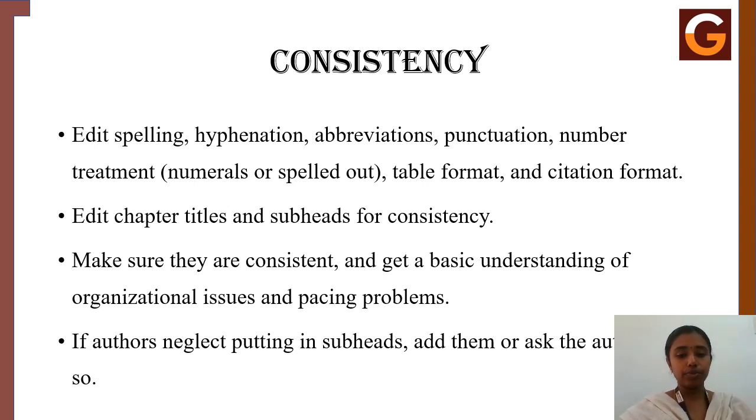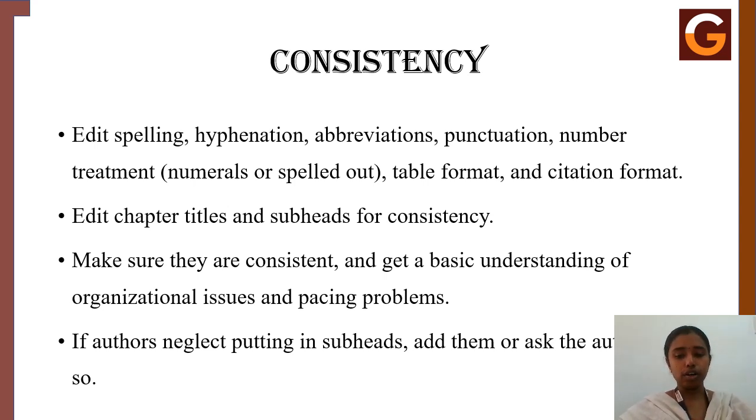And the next one is the organizational issues, understanding of the organizational issues and the pacing problems. So when the sentences are coherent, they will get an organizational structure, so that there is no confusion during the process of reading.